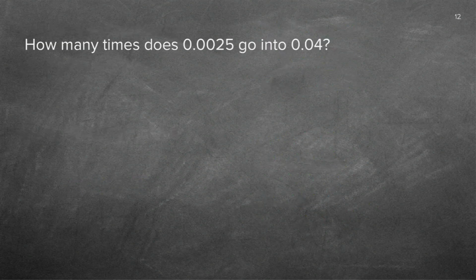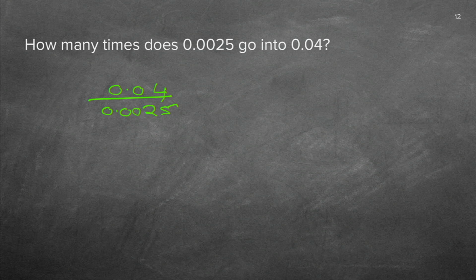Right, so how many times does 0.0025 go into 0.04? Okay, so now the best way to do this, what are they asking us to do? They're asking us to do 0.04 divided by 0.0025.